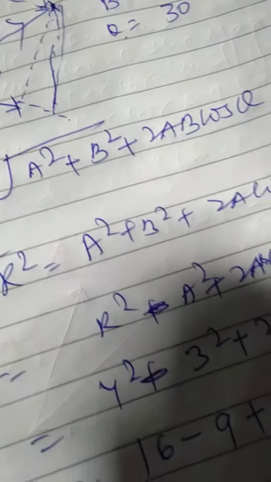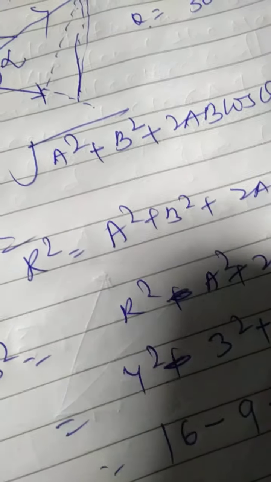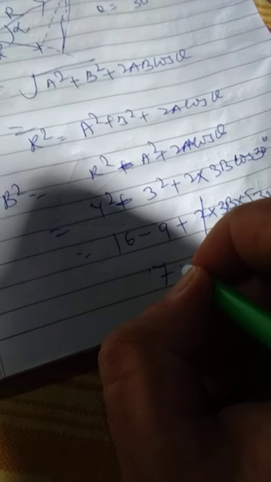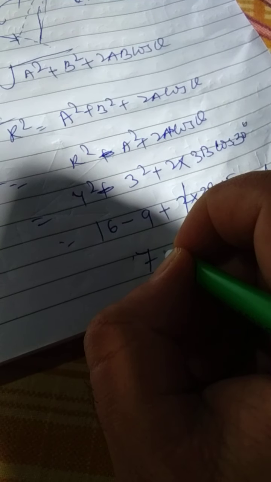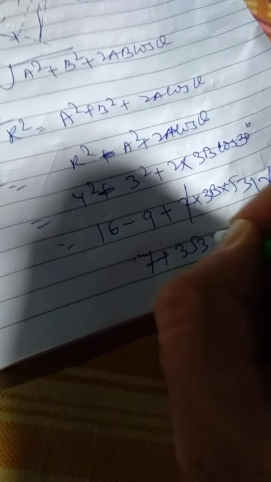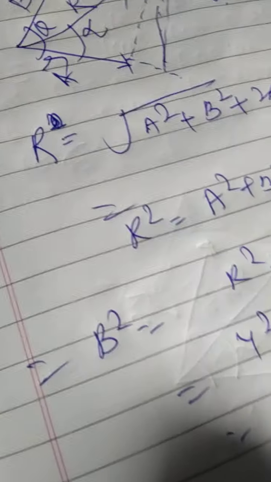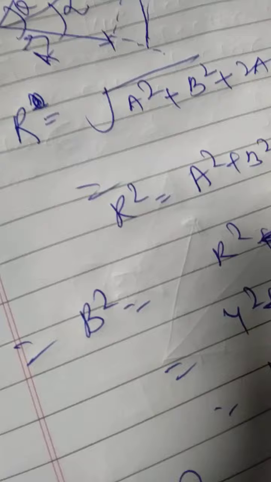Okay, 7 plus 3 under root 3 into B is equal to B square. Okay, so B square minus 3 under root 3 B is equal to 7.